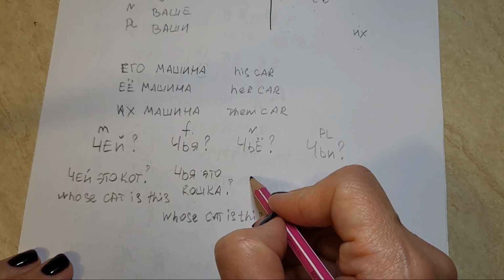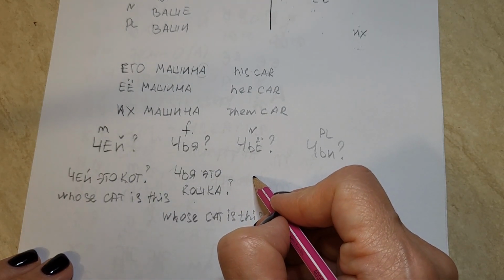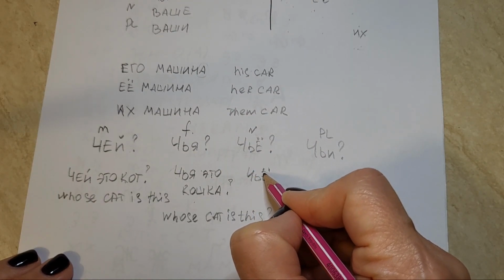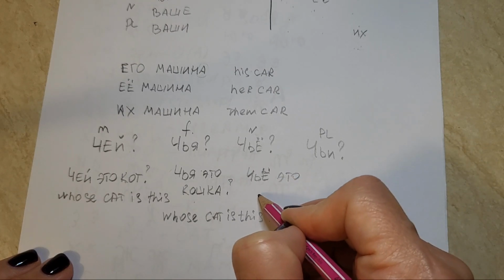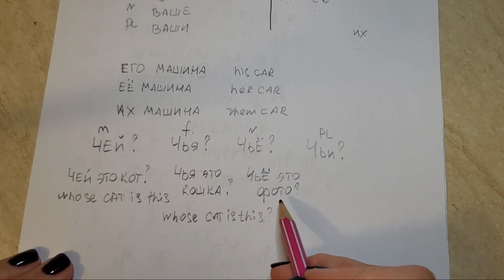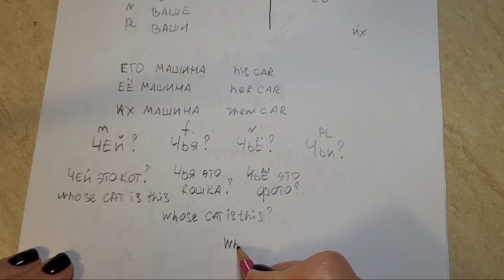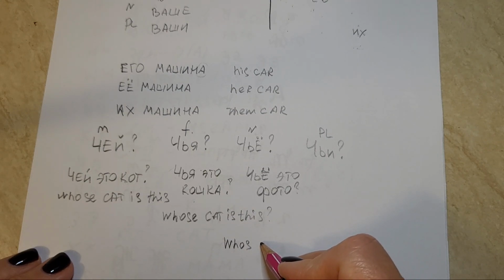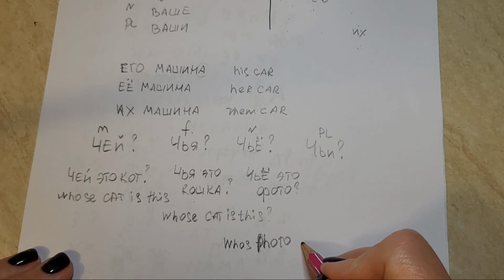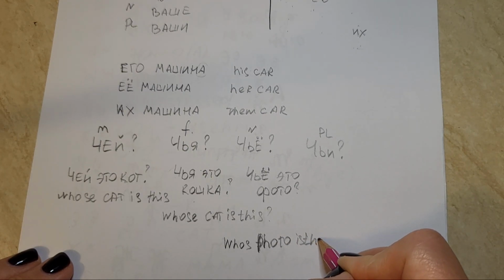Чье? For example, we can ask about a photo. Чье это фото? Whose photo is this?